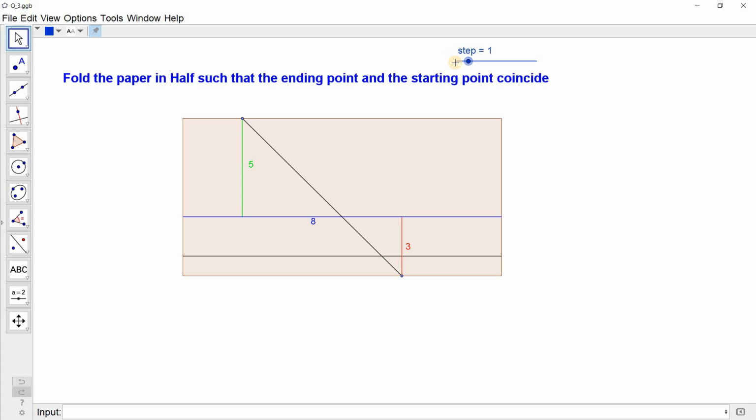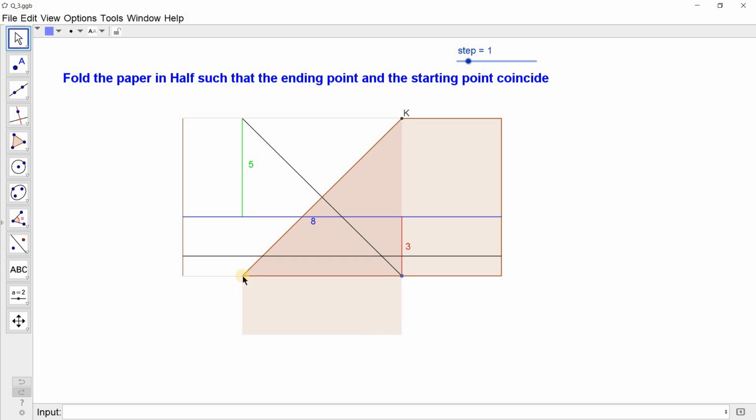Now in the first step, fold the paper in half in such a way that the ending point and the starting point coincide. The starting point is the point where we started riding the bicycle, and this is the ending point. So I will fold this paper in such a way that this point just coincides with this point.